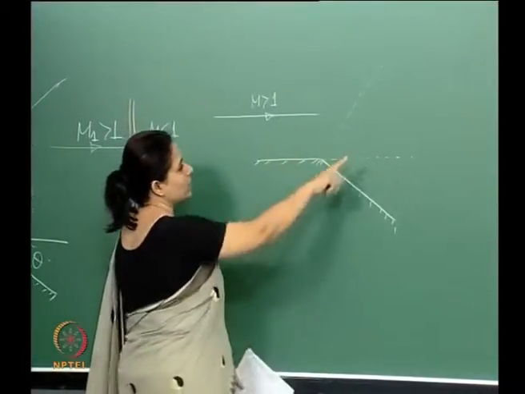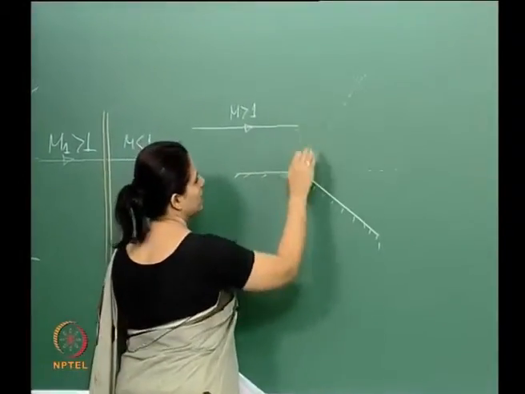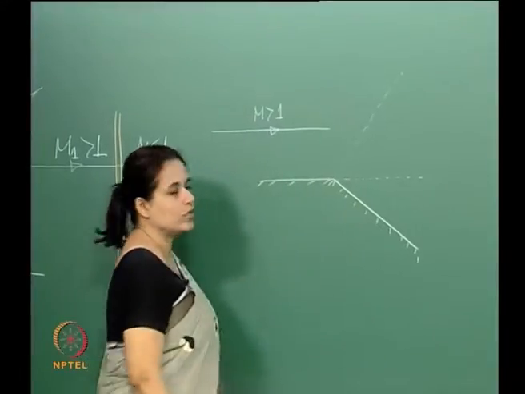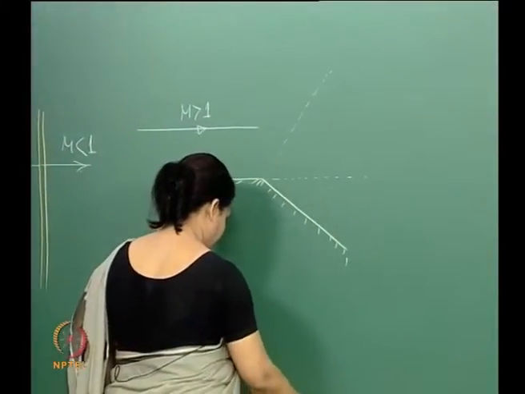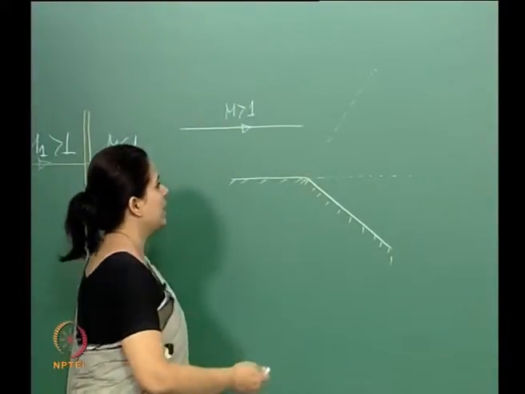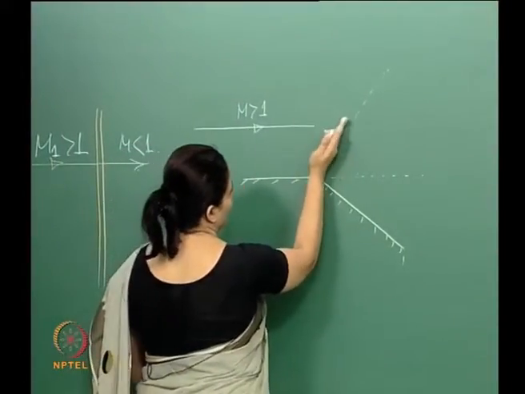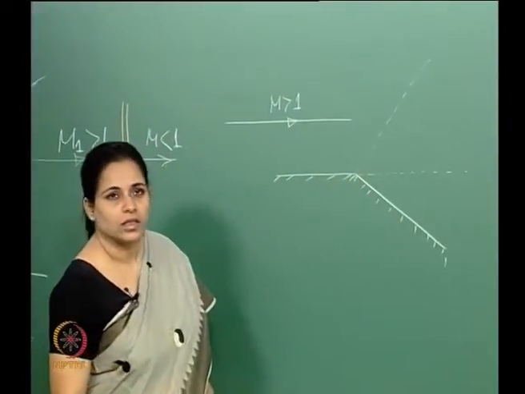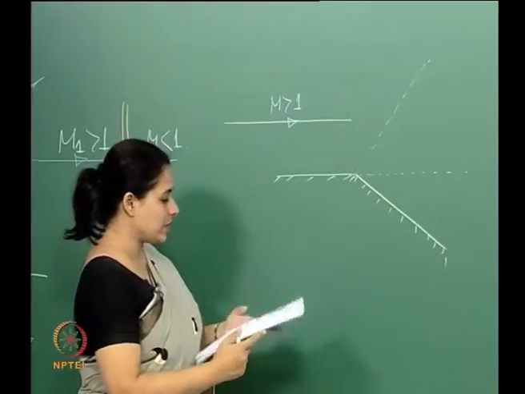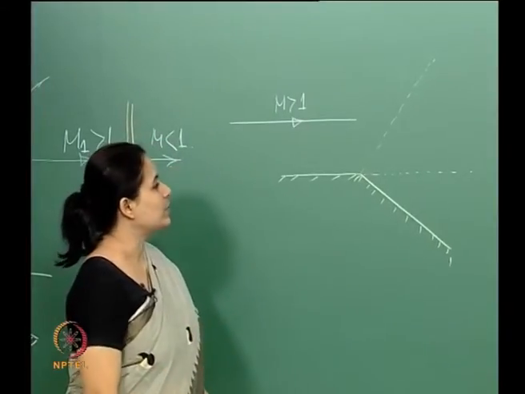Instead, now we are saying, instead of blocking the flow like that, let us expand it. So we have something like this. In this case, the flow will actually expand over this here, and then continue to flow past it.